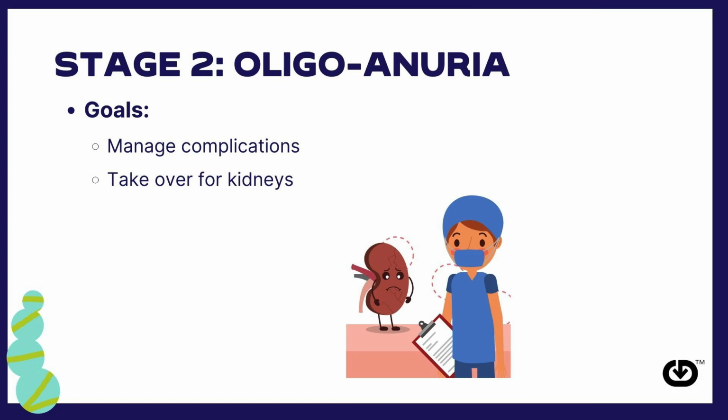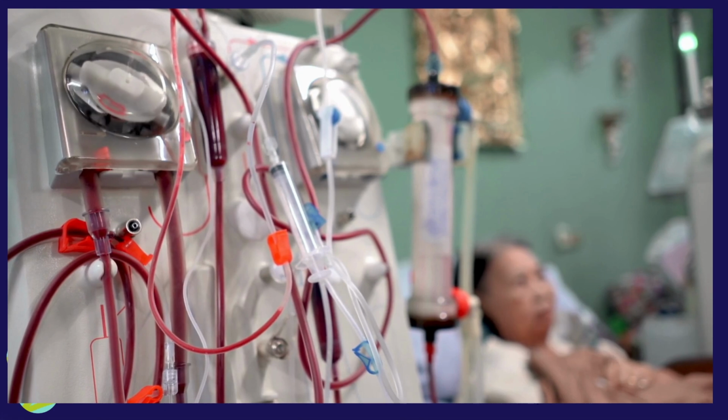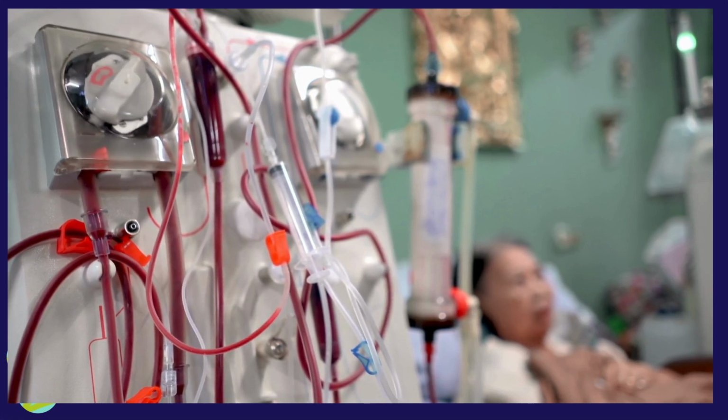So our goals for stage 2 is to manage these complications and take over for the kidneys. Specifically, most patients with acute kidney injury, if they're making very low to no urine, are going to be placed on hemodialysis. Hemodialysis is essentially an external kidney that takes over for the patient.